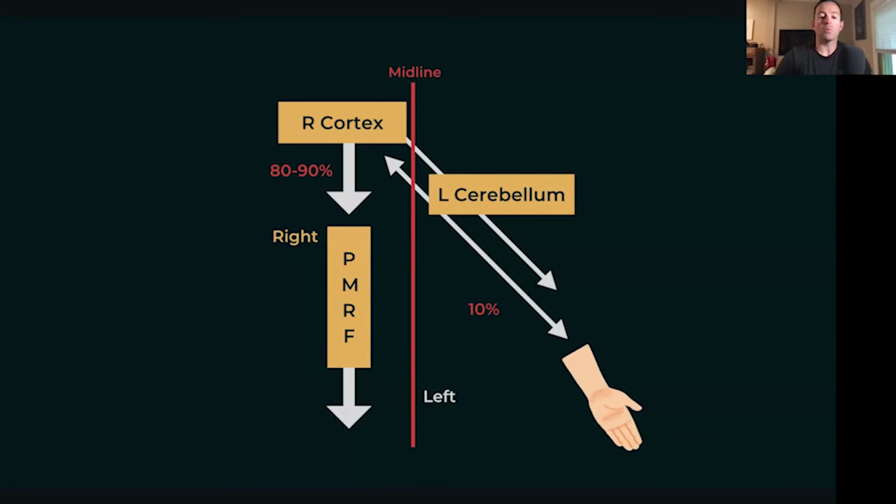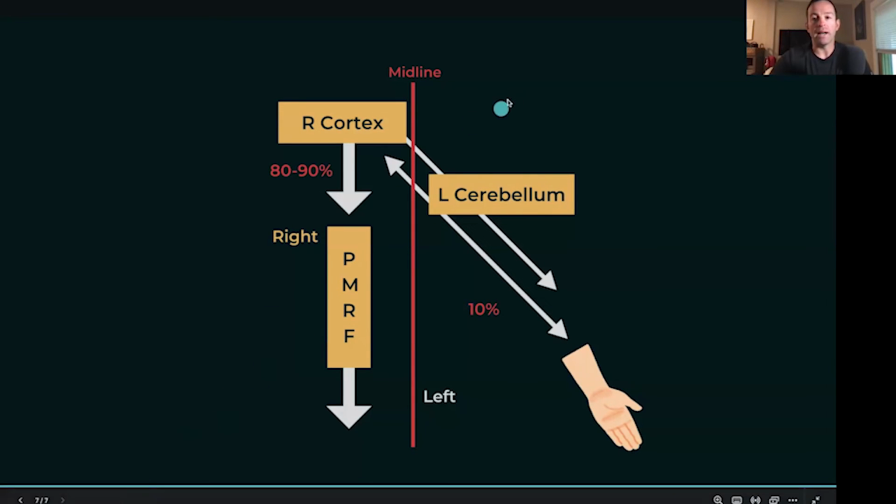Okay, so going back to my personal story of being a competitive wrestler. I was a right PMRF pattern, and I was having chronic pain and injury on the right side of my body. I had a very droopy right shoulder, and so that was a key indication posturally that I might be having right PMRF issues.